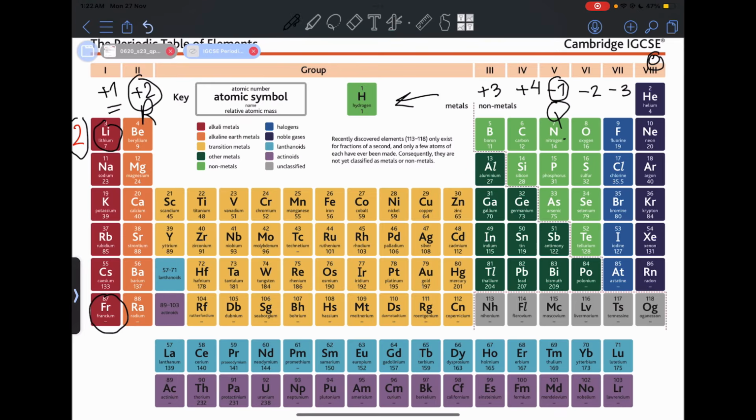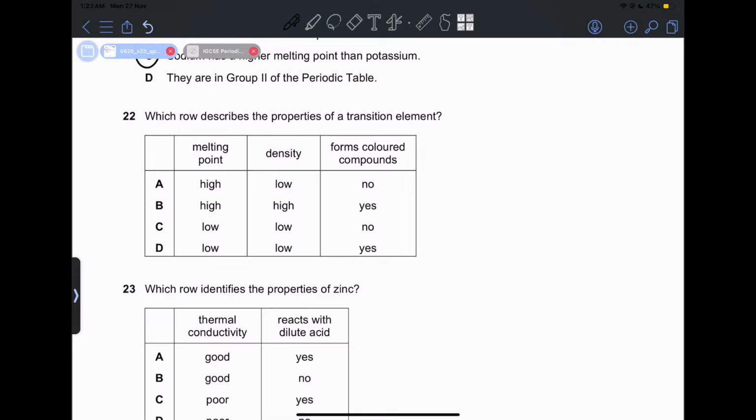Actually, this is a correct statement because we know that the melting points decrease down the group. So the highest melting point is actually lithium, and the lowest melting point is francium. It is very reactive, and it is also very hard to obtain. So actually, our answer is going to be C.